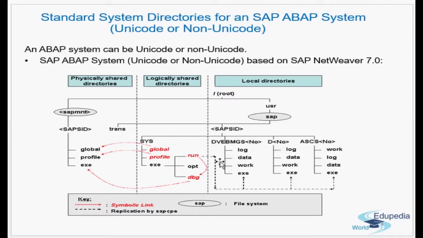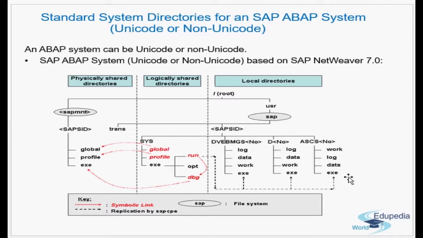And this black arrow denotes replication by the SAP CPE process. That's why, when you do a kernel upgrade, you do it on /usr/sap/SID/sys/exe/run. That is kept in sync with all the other exe directories of all the other instances.